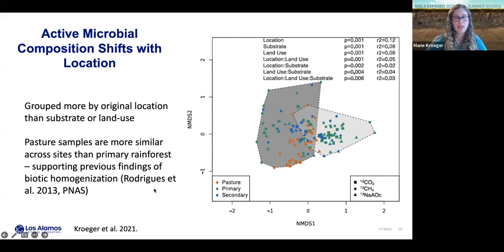The other key takeaway is that all of these orange dots, which are the pasture samples, are more similar to one another than the primary rainforest, which has quite a lot of spread. This supports findings from one of the colleagues and PIs on this project, Jorge Rodriguez at UC Davis, who found that conversion from a primary rainforest to a pasture causes biotic homogenization. So it was nice to see confirmation that we're still seeing that.